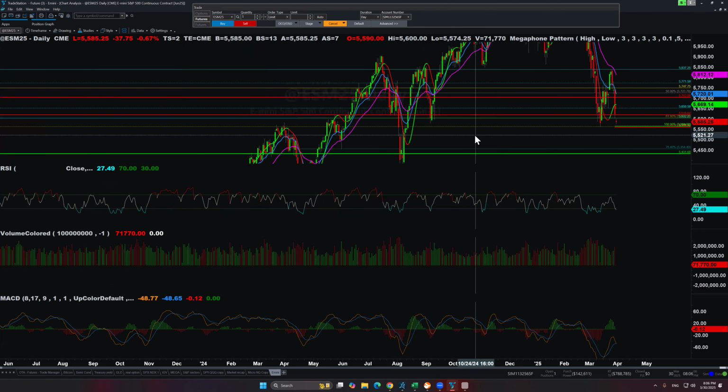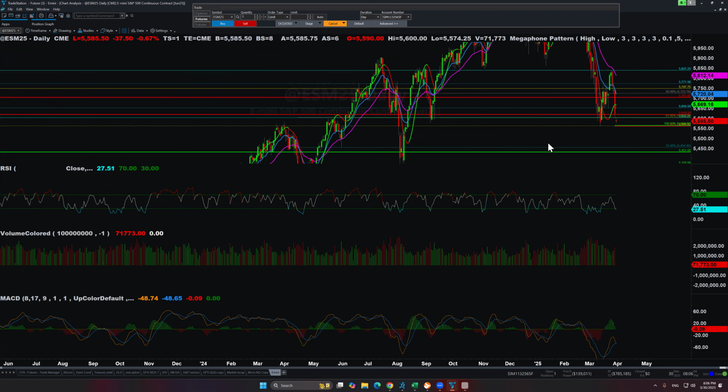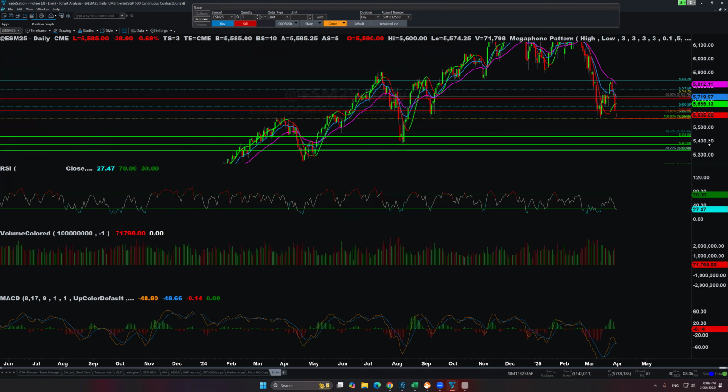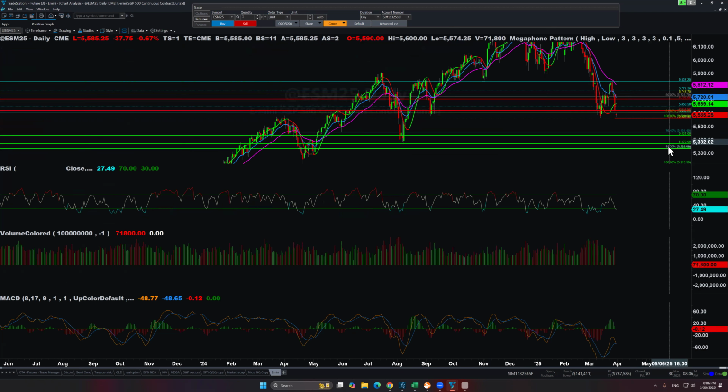So 54, 56 will be somewhere here. This wave 3 down, then this is probably going to be wave 5. So the top, these 3 green lines is going to be where the downside, I think, for this round.